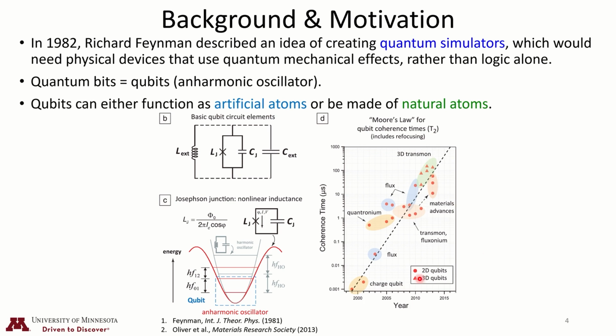advantages as far as the overall usage of qubits as quantum gates. If you compare that with semiconductor processors or classical processors, that doesn't happen there.